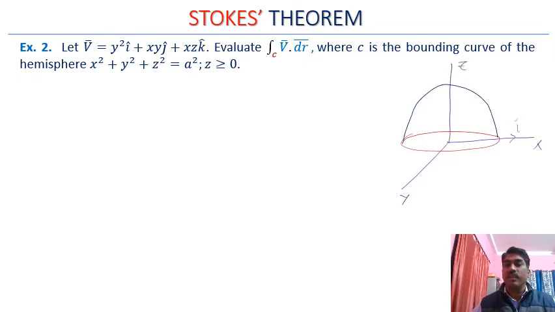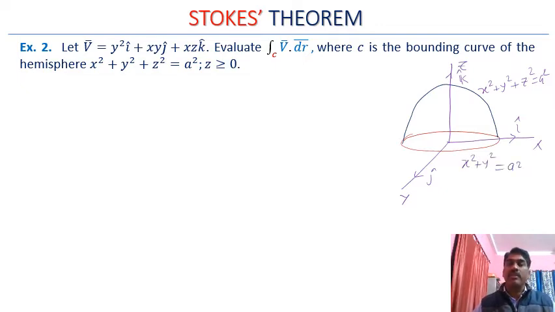I am also writing the standard unit vectors. Now this sphere has the equation x square plus y square plus z square is equal to a square, and this circle marked in red has the equation x square plus y square is equal to a square.